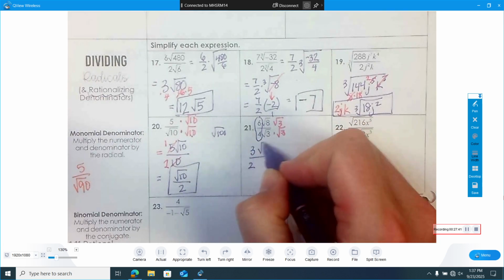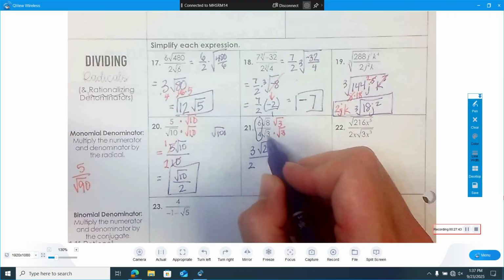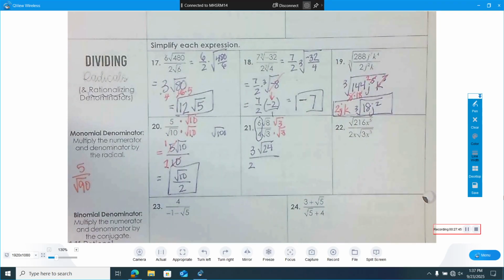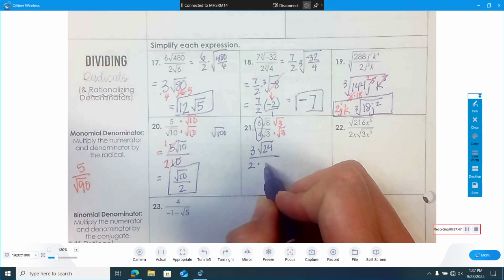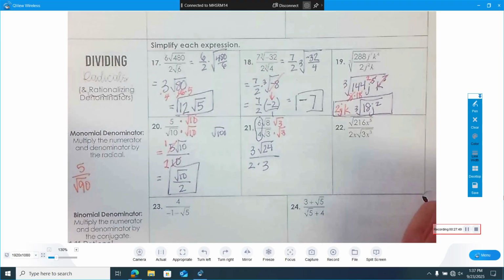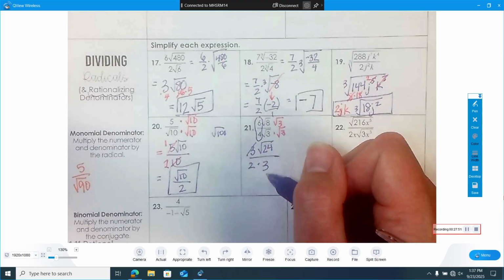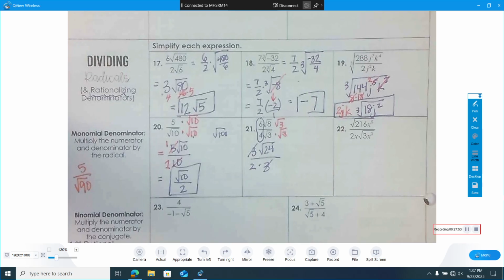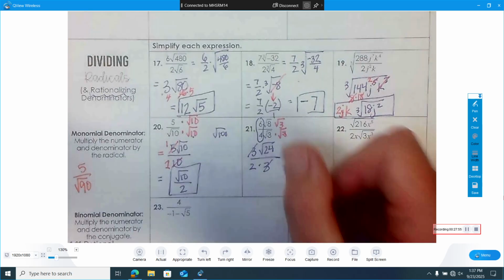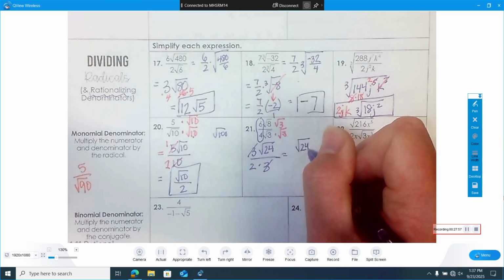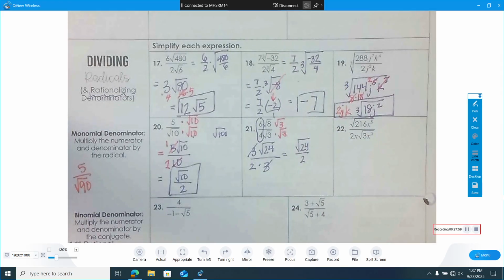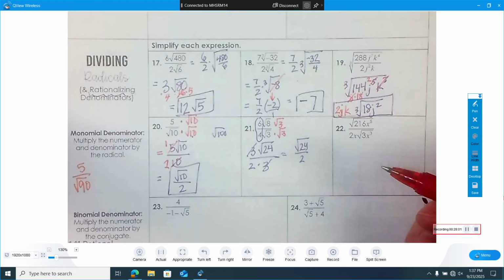And in my numerator, I have radical 24. And radical 3 times radical 3 is 3. All right. Hey, do you suppose my 3 on top and 3 on bottom are going to reduce? Yeah. All right. So I have the square root of 24 over 2. What do I have to do with the square root of 24?